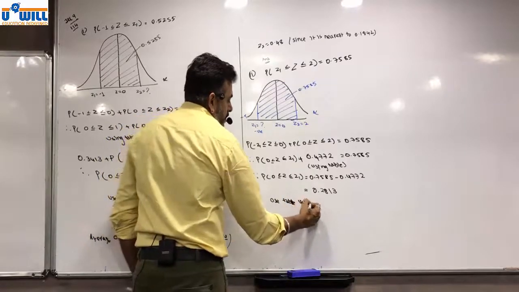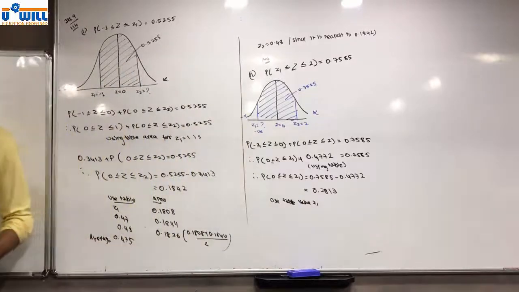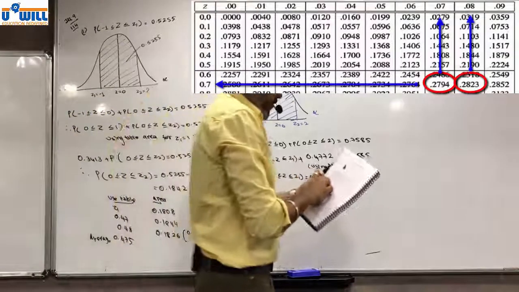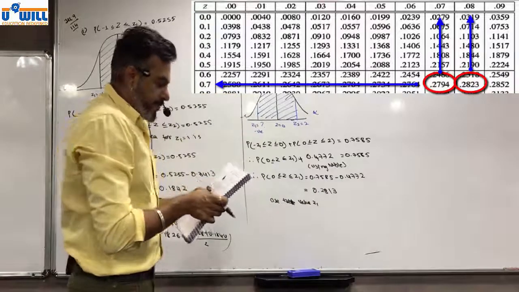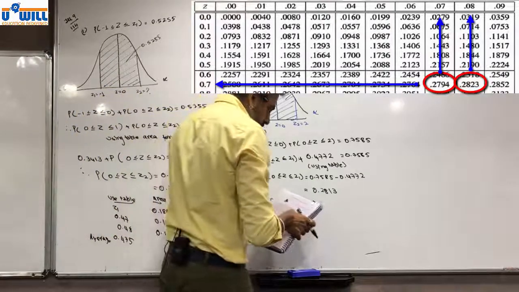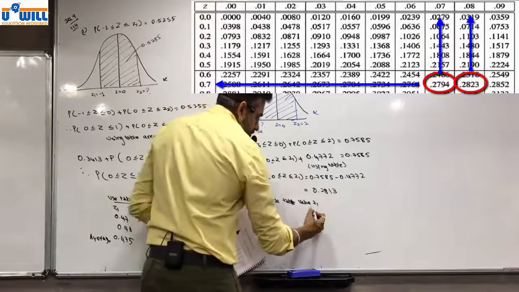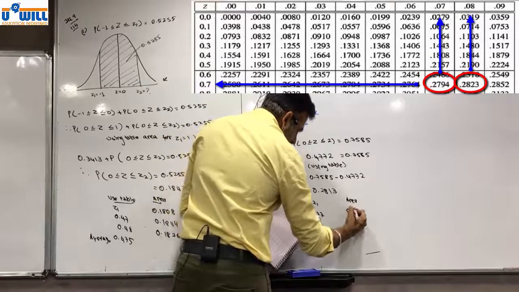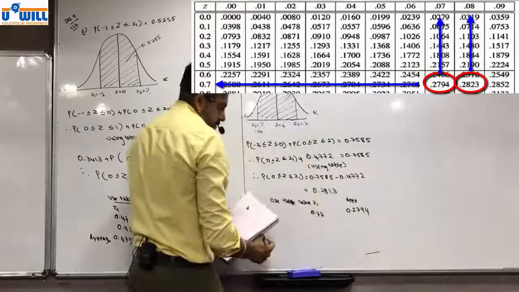value of Z1 0.2813 exactly आ रहा है? नहीं आ रहा है. So you will go to 0.2794. So Z1 is 0.77. Area 0.2794.